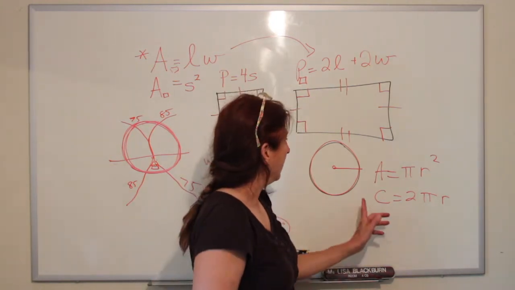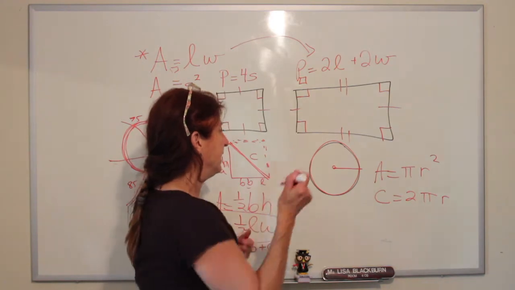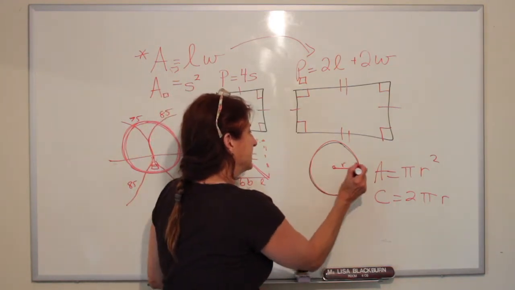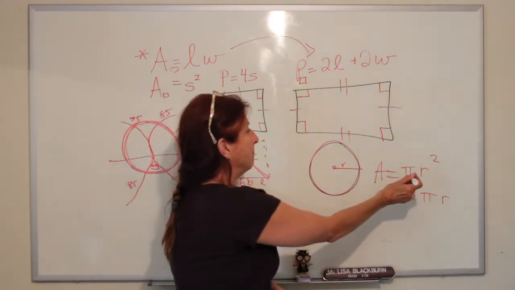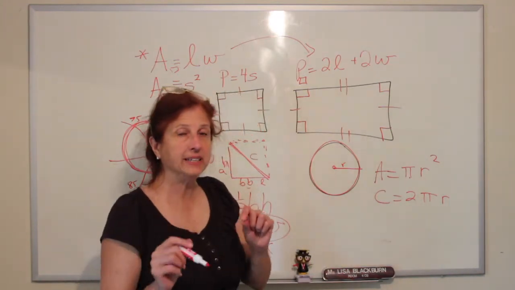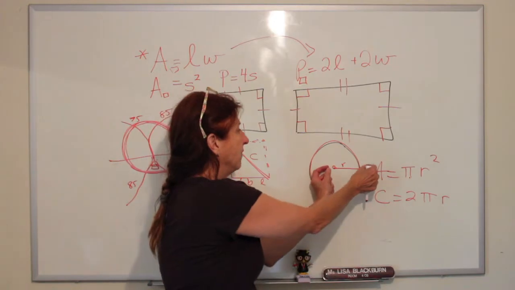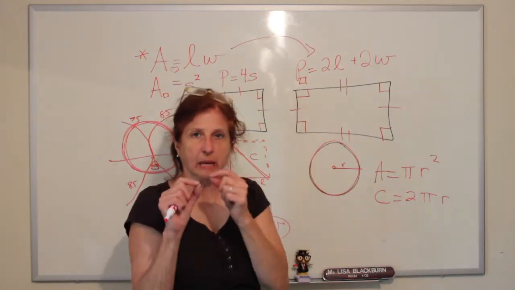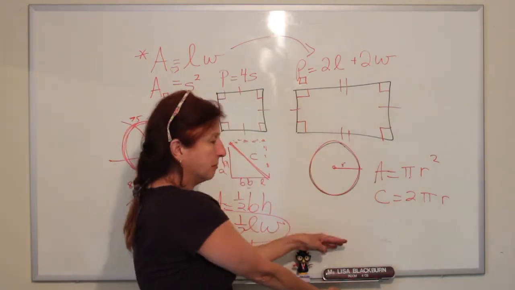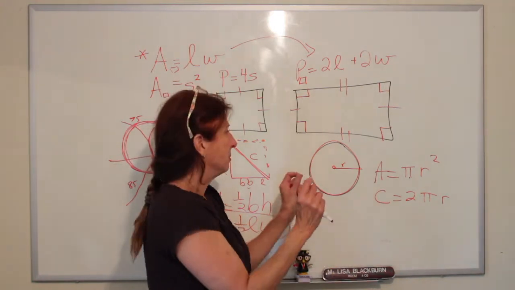Something new. But the radius is the line from the center to the edge. Pi is how many times the radius will go around half a circle. So if I had a piece of red yarn, I used to keep it in my desk when I taught public school. Here's my name plate for teaching public school.